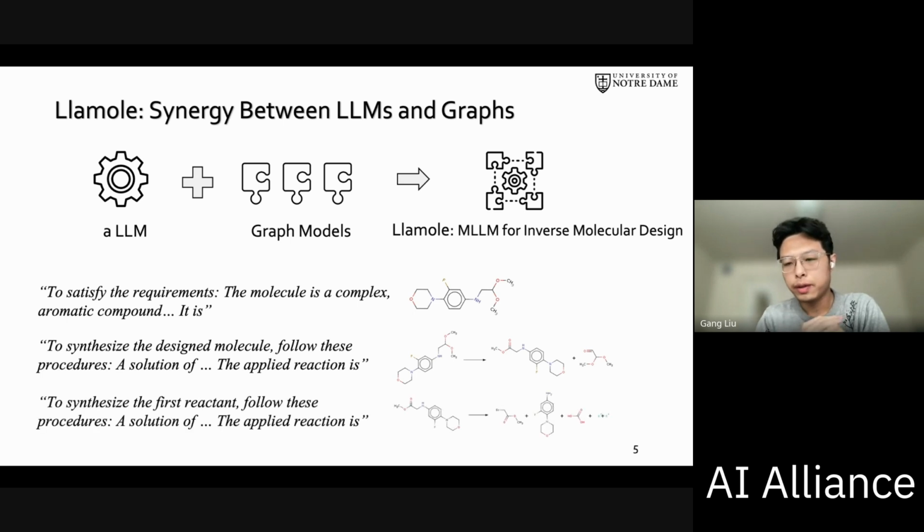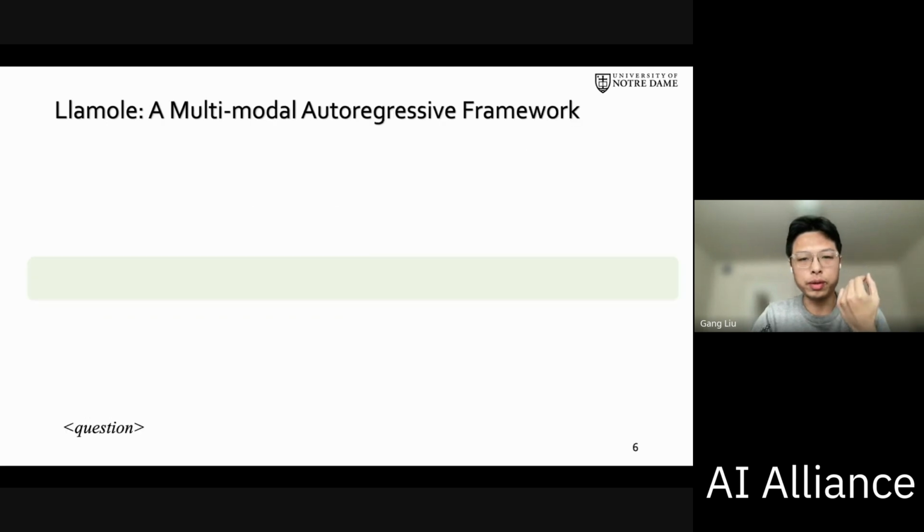But typically, we need many steps of reaction because some of the intermediate reactants may not be available. They cannot be purchased from the market. So we need multiple steps to decompose the designed molecule into reactants that are all available to us. Yeah, that's the general framework.